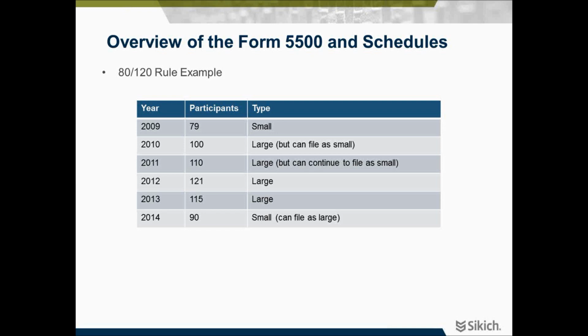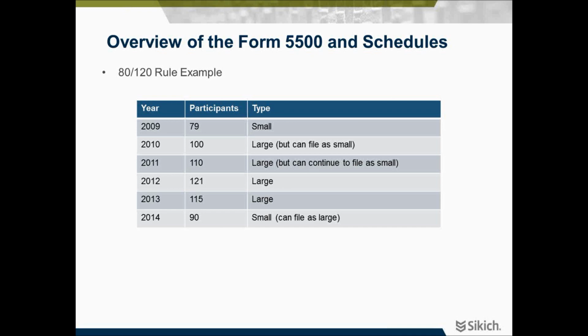Then in 2010, you had 100 participants. That would be considered a large plan, but under the 80/120 rule, you could file as a small plan. Then in 2011, you had 110 participants. It's still considered a large plan, but you could file as a small plan.